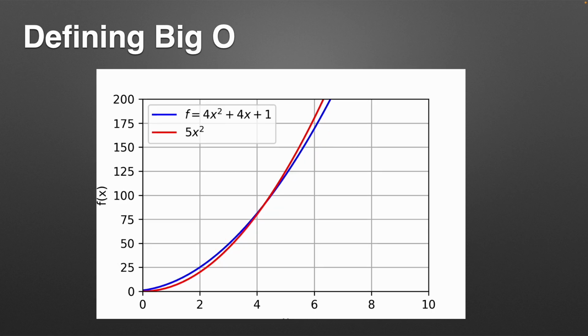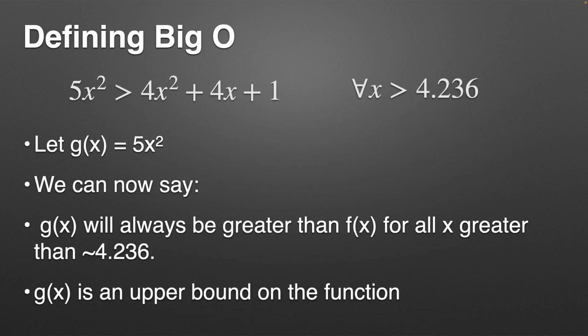You can see that it doesn't start bigger, but as we go to infinity, it gets bigger. You can look at these numbers and plug things in and test that out. If we're going to formally suggest this, what we need to do is say that 5x squared is going to be greater than our function 4x squared plus 4x plus 1 for all x's that are greater than this value, which is the crossover value.